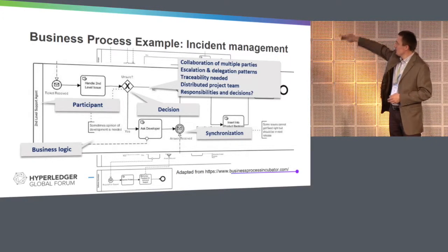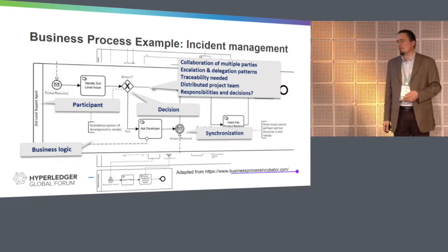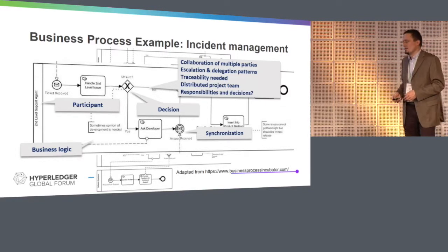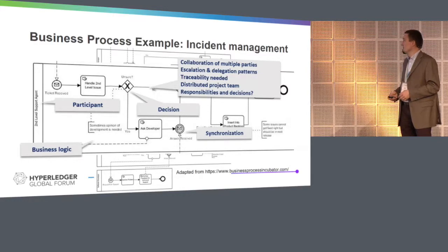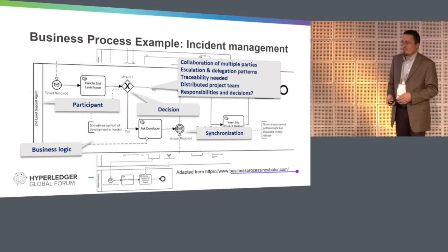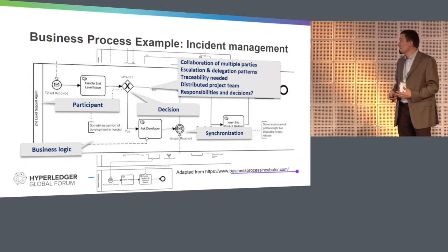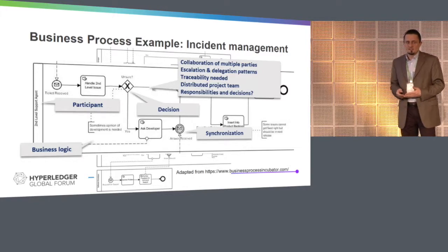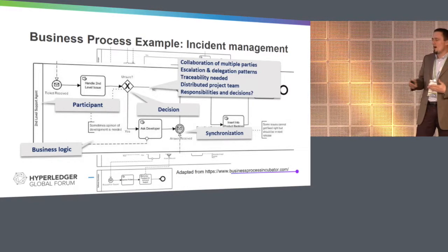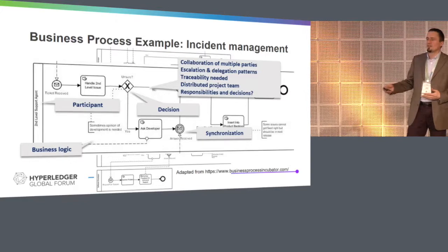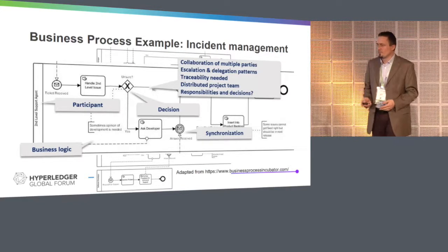The team executing this overall business process is most frequently distributed even geographically, not to speak of the organizations. But there are some responsibilities and decisions, so we should be able to track why a certain piece of software was corrected or was not corrected.